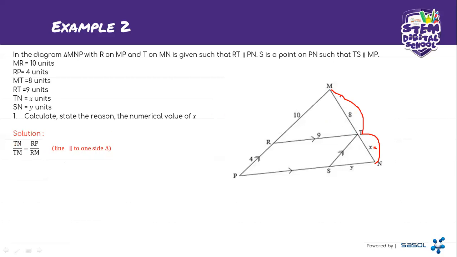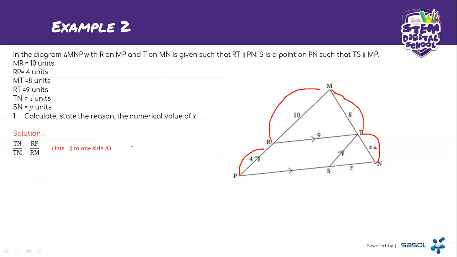The way we have moved on the right-hand side, we must also do the same on the left-hand side. So it's going to be PR. You can write it RP, it's fine. And then also RM.